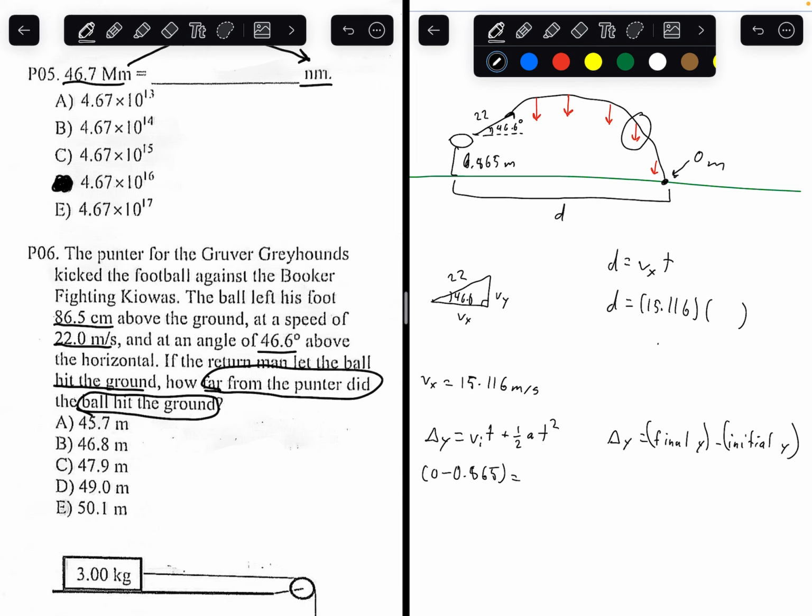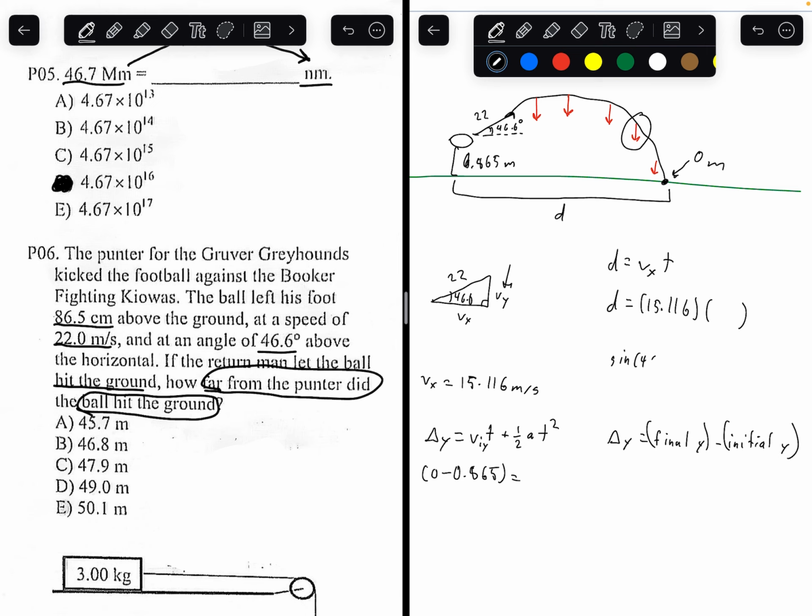What is the initial velocity? You might be tempted to say just the one we calculated, but it is not that. It's the initial velocity in the y direction, because we're talking about how long it takes to hit the ground, and gravity is involved in that. So we're looking at the y component. We can calculate that using the same method as the x component.